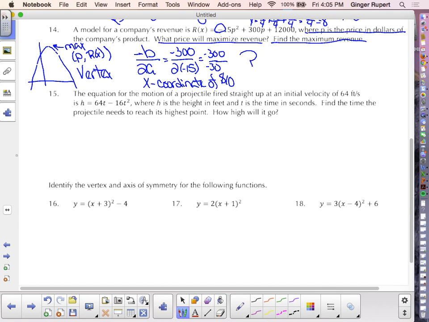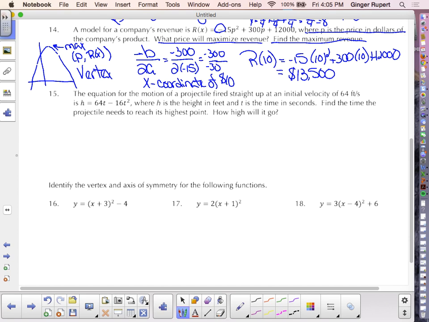Substitute the $10 into the revenue function, and that should generate the revenue in dollars.